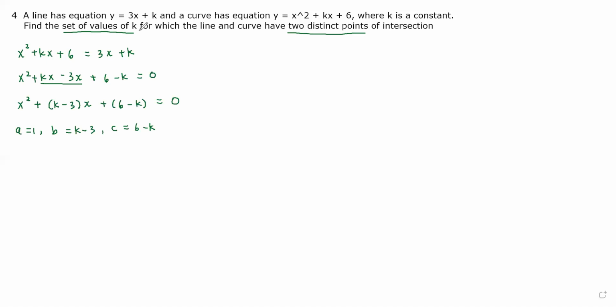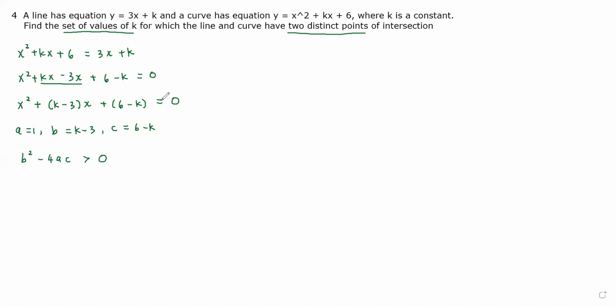We need to find the values of k where the line and the curve have two distinct points of intersection. For this equation to have two distinct points of intersection, you must have two unique solutions, which occurs when the discriminant b squared minus 4ac is greater than 0.